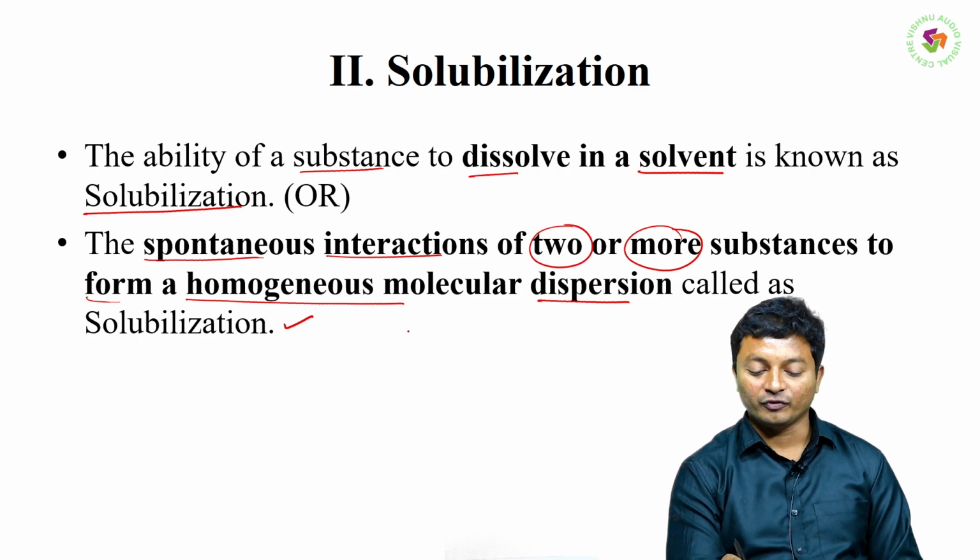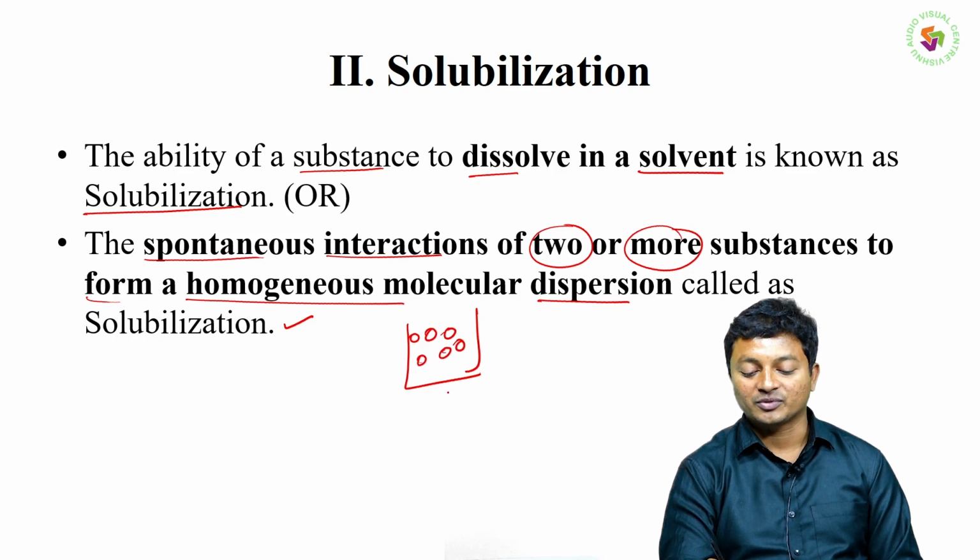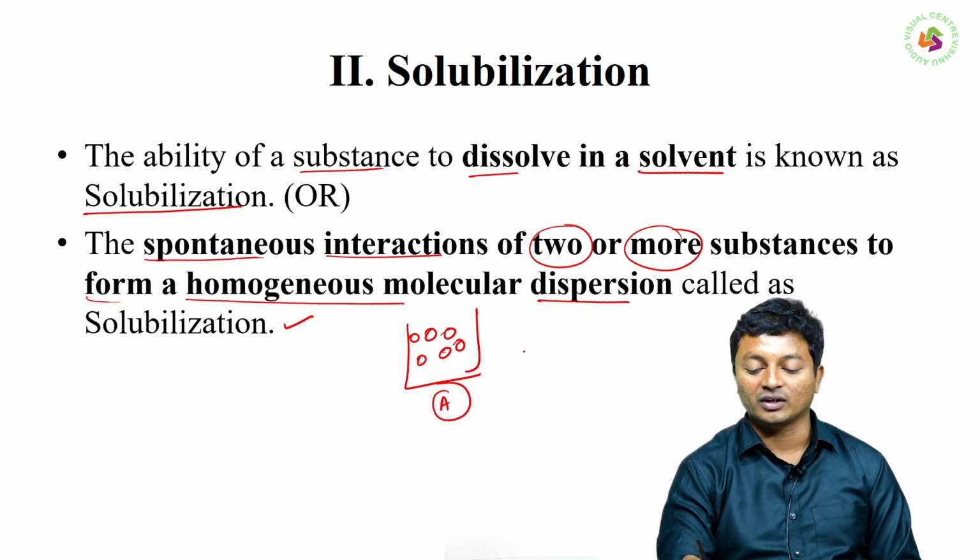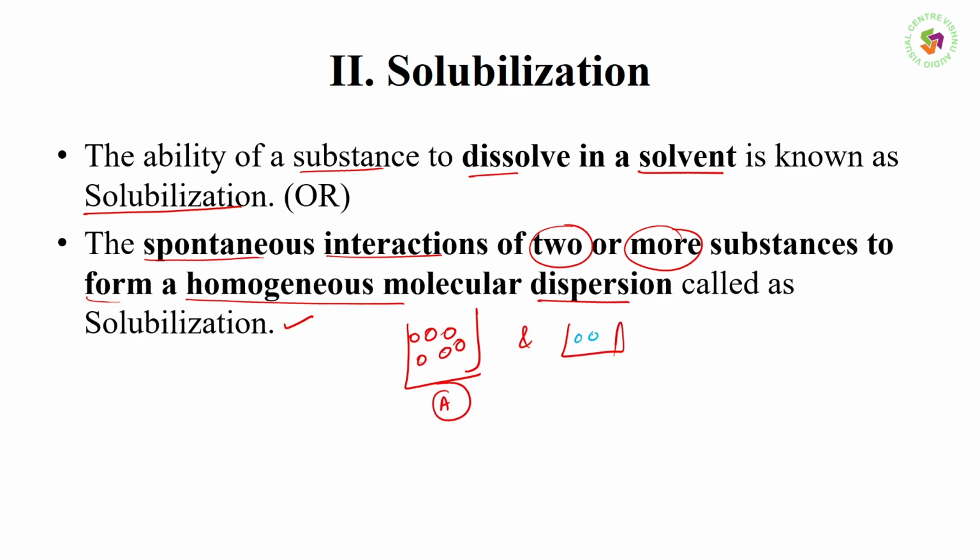If we have two different substances, let us consider this is substance 1 and we have another substance. When we mix them together, they become uniformly soluble in each other. That means a dissolving process takes place, and this phenomenon is known as solubilization.